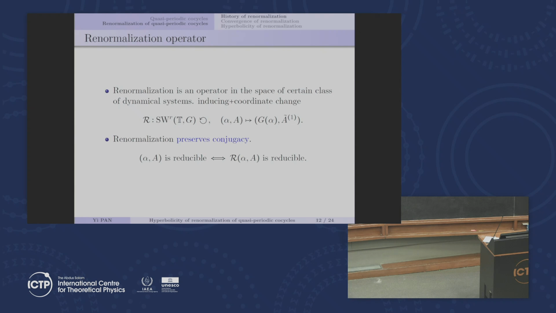But then we will see that what we get is a map from D to itself. To make it an operator, we need to do an extra coordinate change so that gradually our map will go back to the same space, still from M to itself. That coordinate change we will explain later. In this way, by staying in the same class of dynamical systems, we make renormalization an operator.